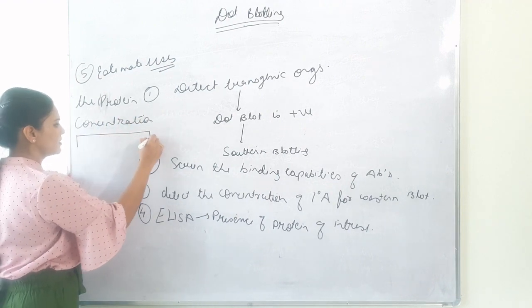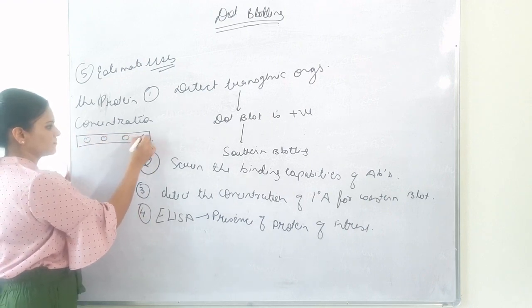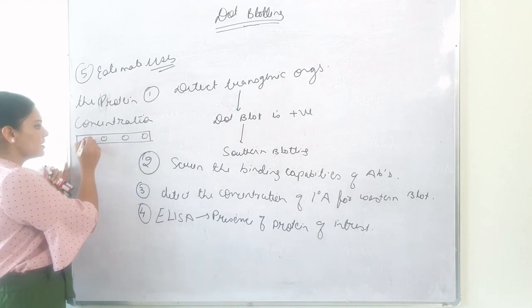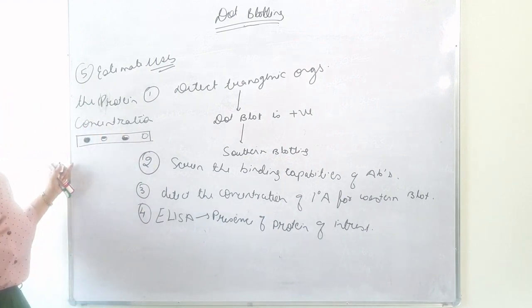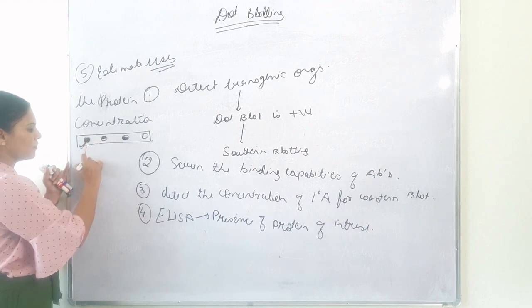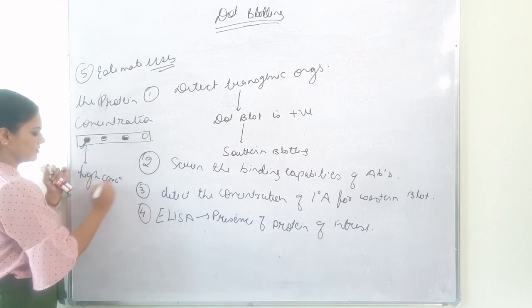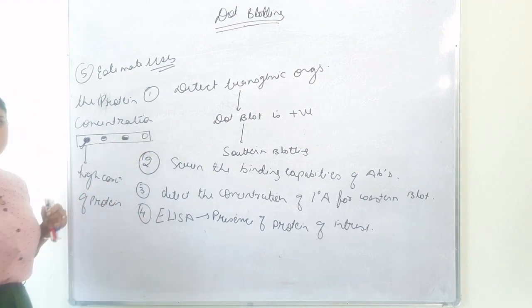Suppose this is a sample, and after applying all these steps, the darker color of the sample determines the concentration of the protein. This protein sample has a higher concentration of protein than the rest of the samples.